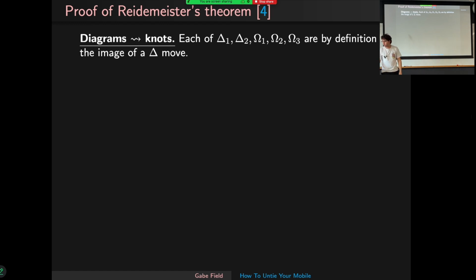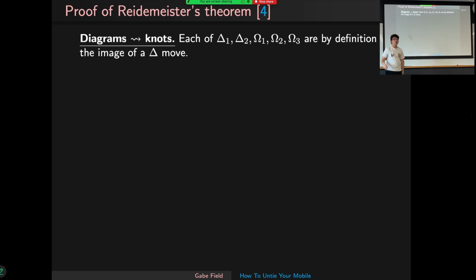So, no, that's not what I want to say. Sorry. Let me restart that. If I have two diagrams that are the same up to delta I's and omega I's downstairs, then the two knots that they came from must be isotopic. And that's very easy because by definition, each of these Reidemeister moves lifts to one of these delta moves upstairs, so you get a sequence of them.